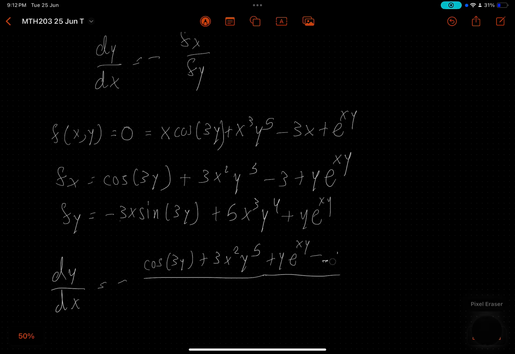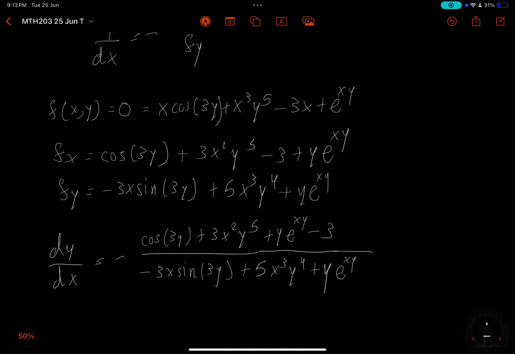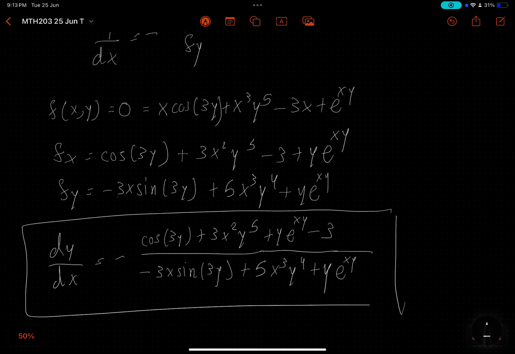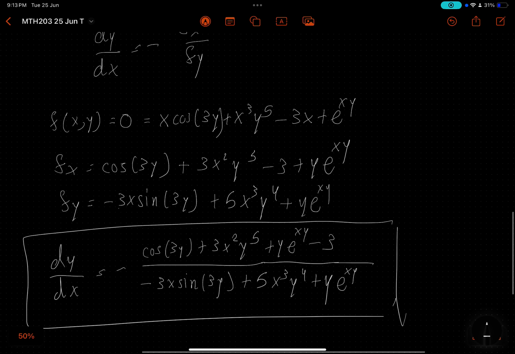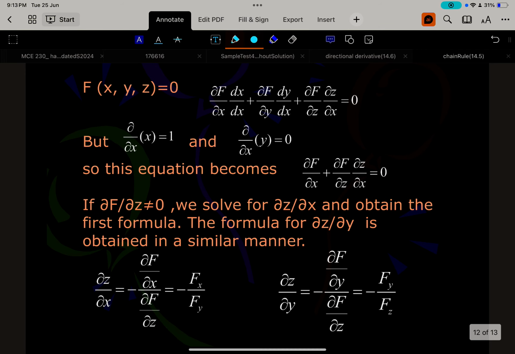I hope this is the solution, and it looks like it is. And that, my friend, is the implicit derivative. I love it.